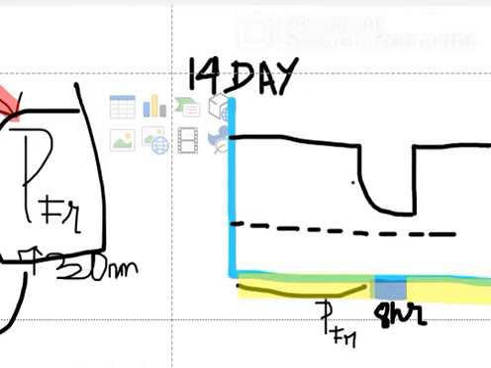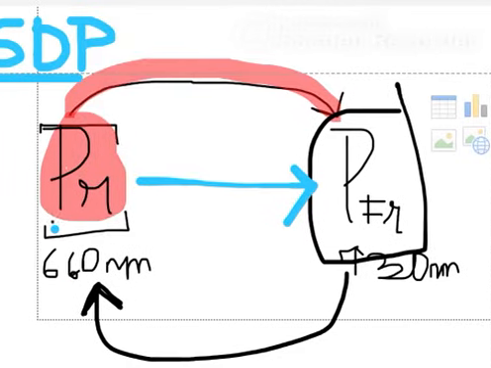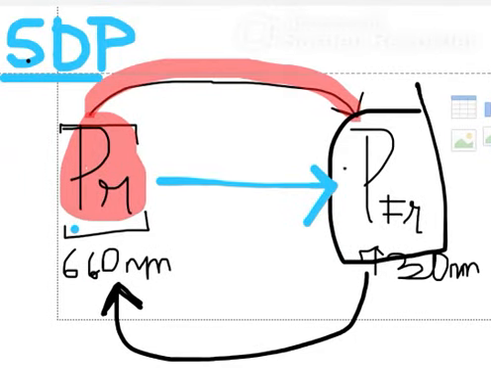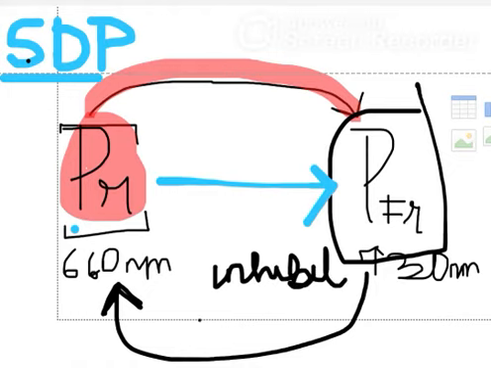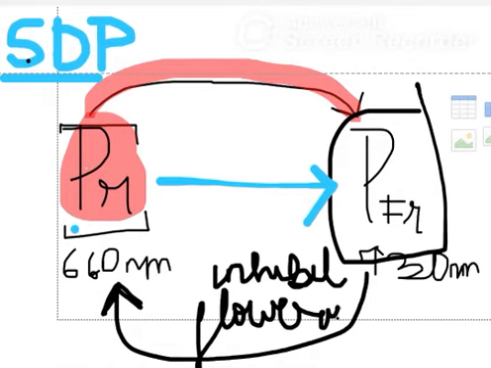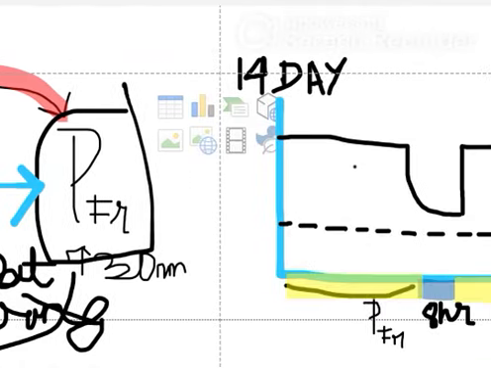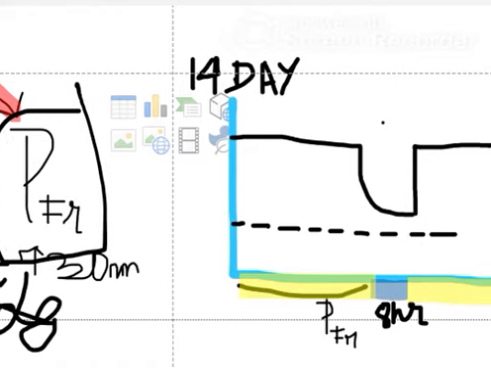Okay, so can you see that in short day plants, PFR inhibits flowering. Because if there is more PFR in summer, then the plant cannot flower.